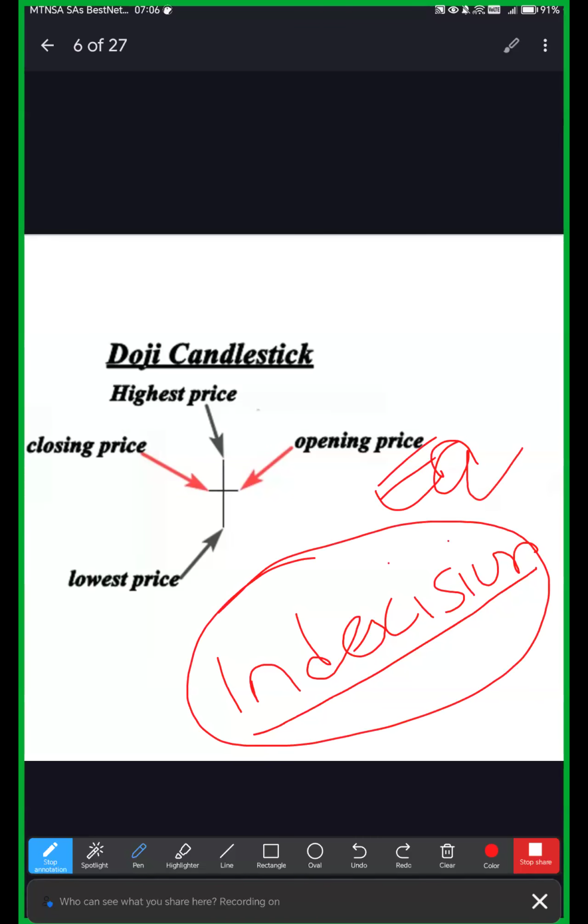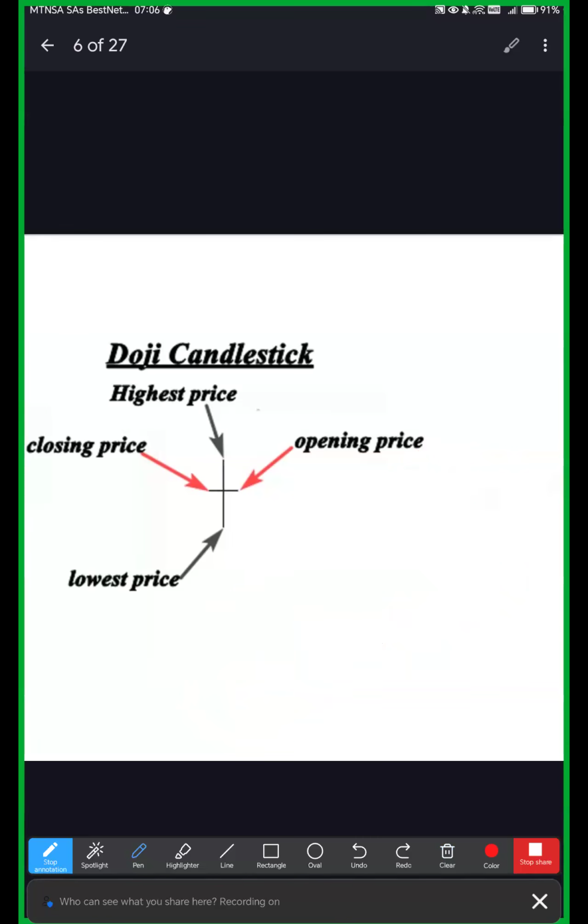So this is what we call a doji candle. The opening and the closing of the price are the same. Yes, there is the lowest price, how low the price went, and how high the price went, but mark this one to signify that this is a doji.